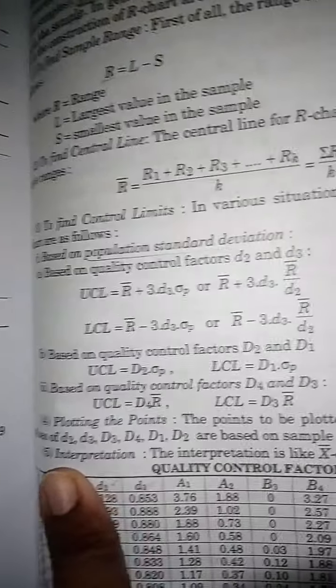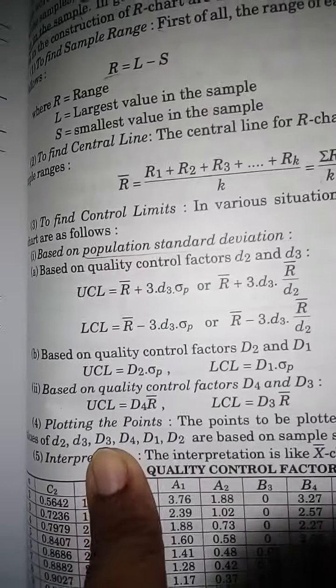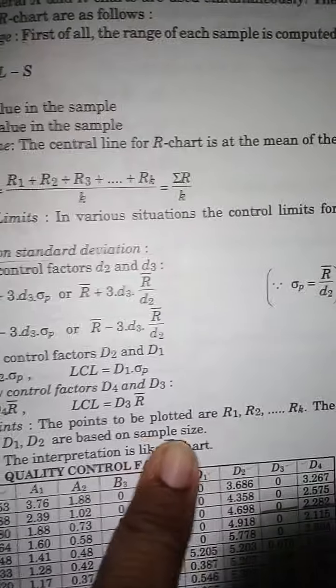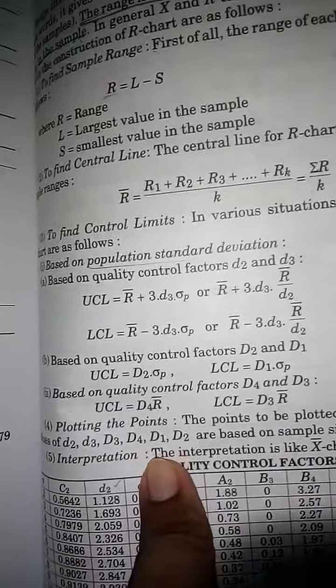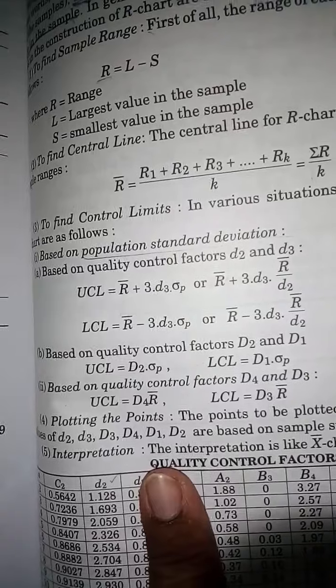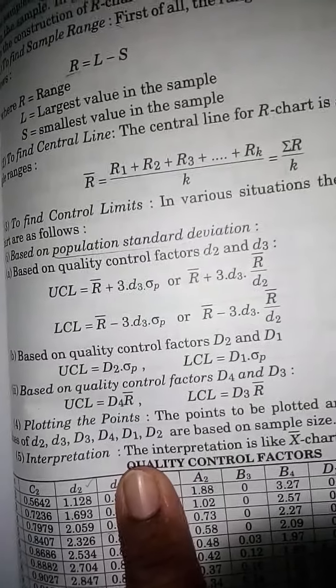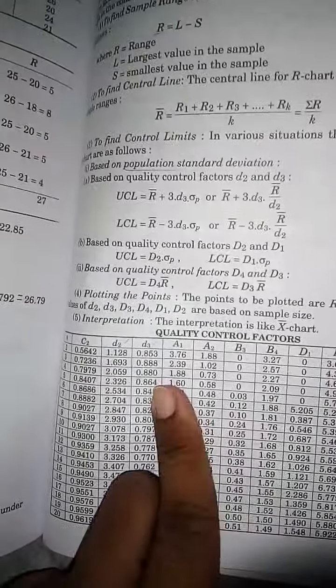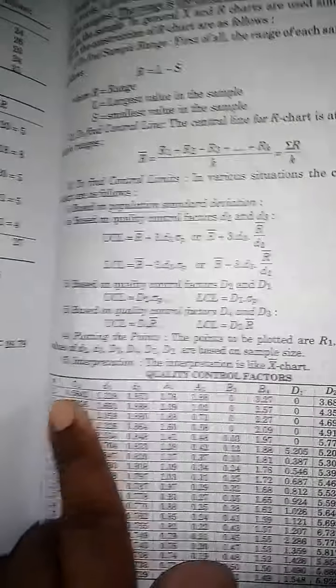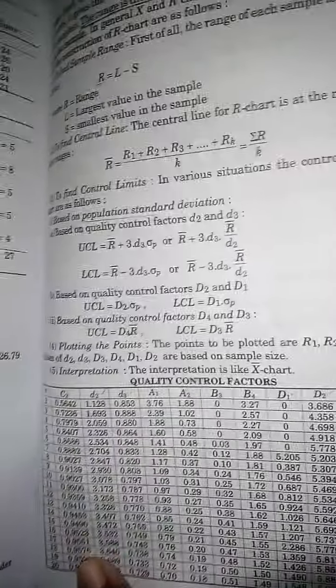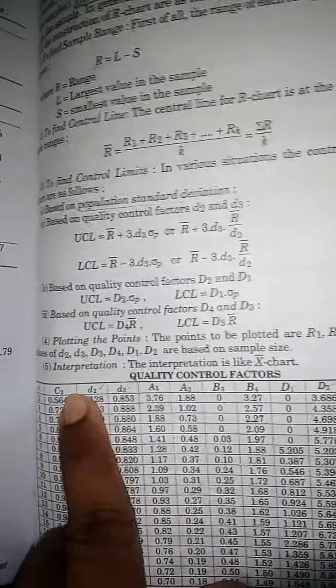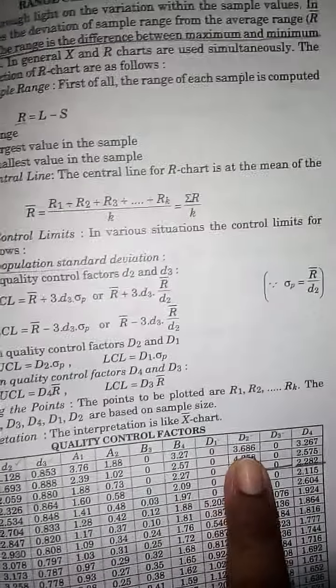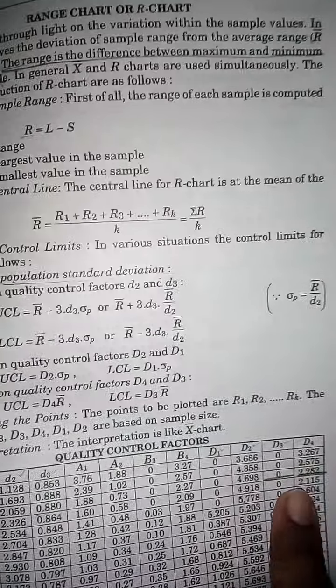And same as the mean chart, we have to plot it on the graph, then we will interpret it like the mean chart. It will be the quality control factors, N is 2, 3, 4, likewise up to 20, with the values of D2, D3, D1, D2, D3 and D4.